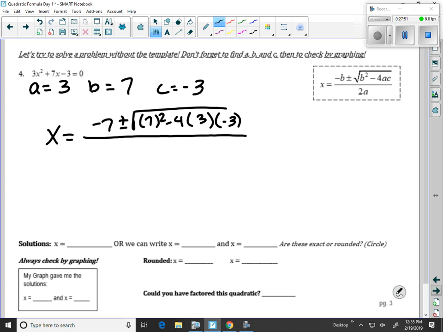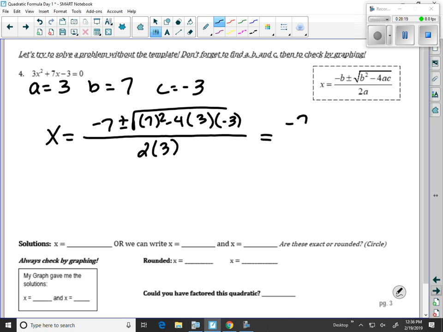All I'm doing is taking my numbers, my a, b, and c, and plugging them into my formula, over 2 times a. If it helps you to write the shell out first with parentheses, go for it. I usually write out a shell to help myself. That's totally fine.